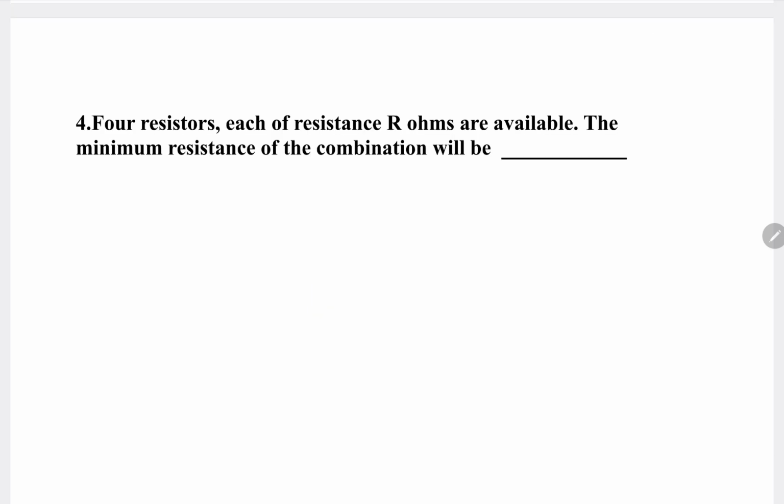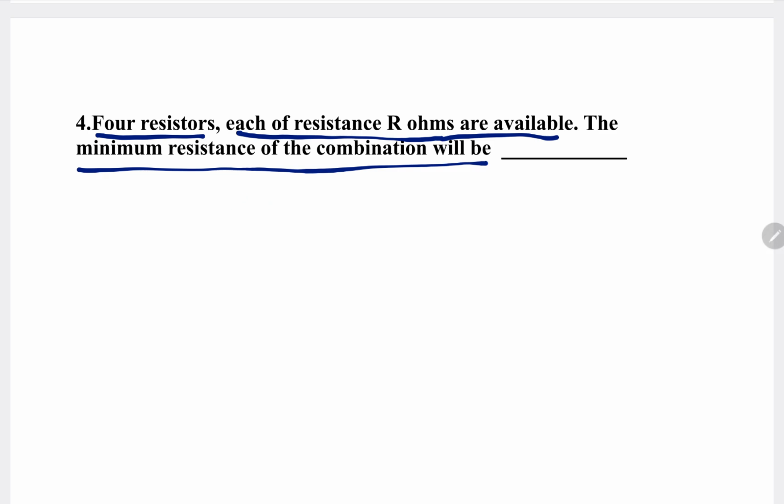Next, fourth question, four resistors each of resistance R ohm are available, then the minimum resistance of the combination will be. To get the minimum resistance, resistors should be connected in parallel.